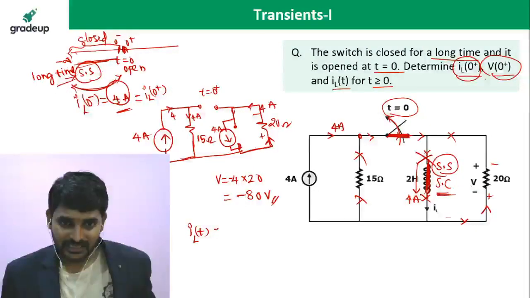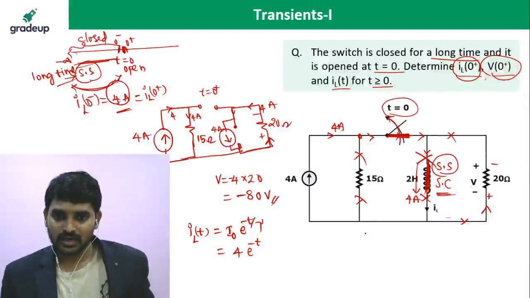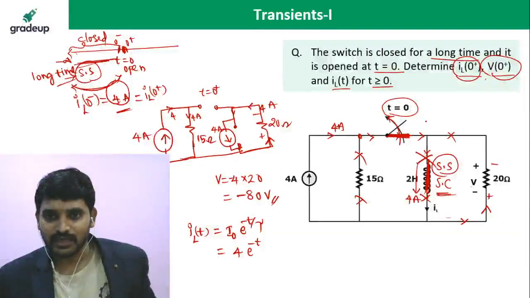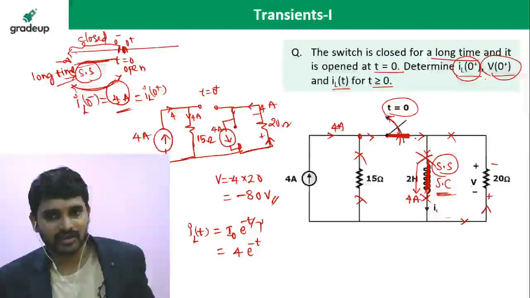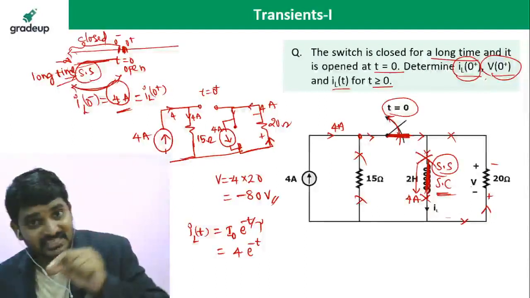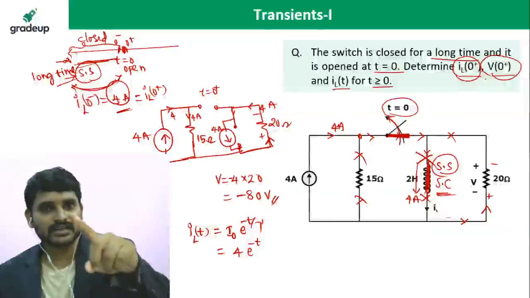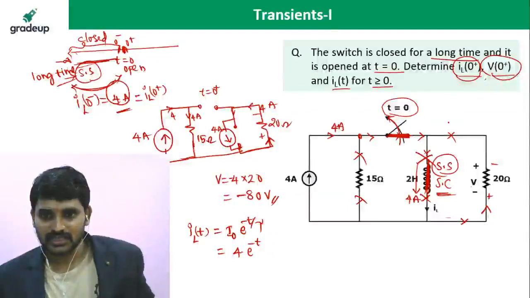Now IL of t can be taken as I naught into e power minus t by tau. What is I naught? The previous current, 4 amperes. What is tau? Only this part, sir. Be careful. Don't calculate tau as the entire circuit time constant. Through which path the inductor energy is discharging, that part's time constant you should calculate.